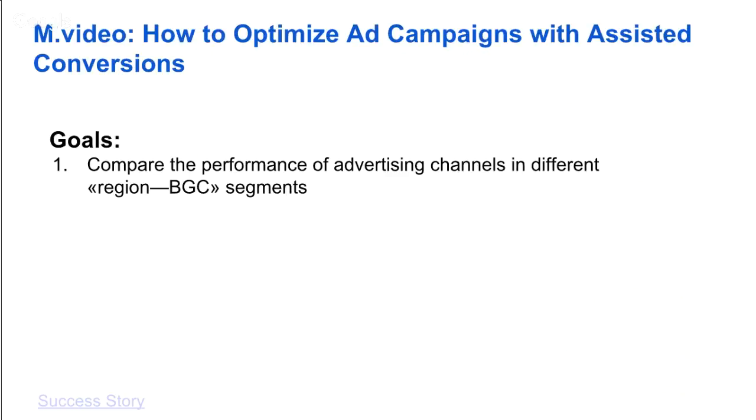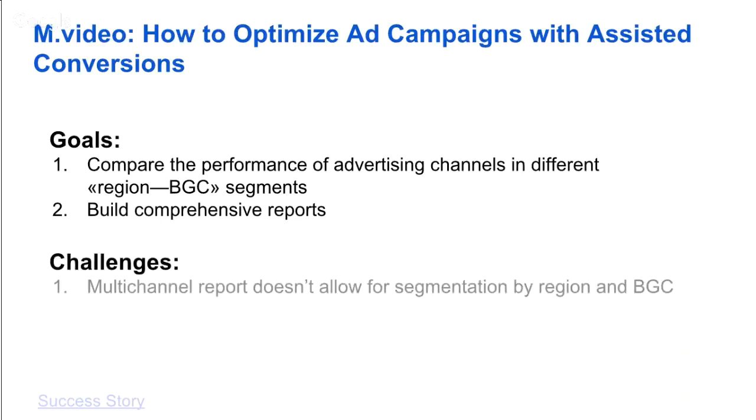They also needed to build a comprehensive report so all the colleagues could use it. The challenges we faced: the multi-channel report doesn't allow you to segment users by regions and business group of categories, and we didn't have access to raw and real-time data.